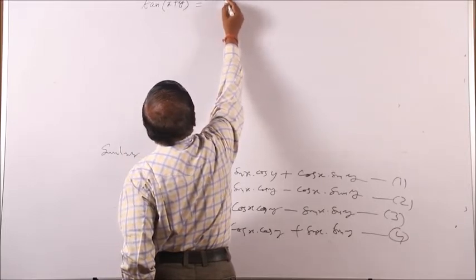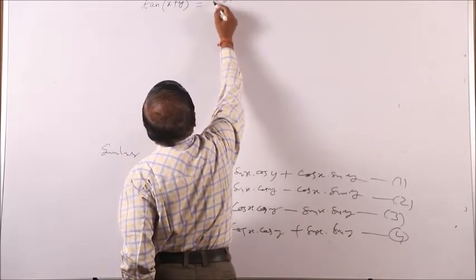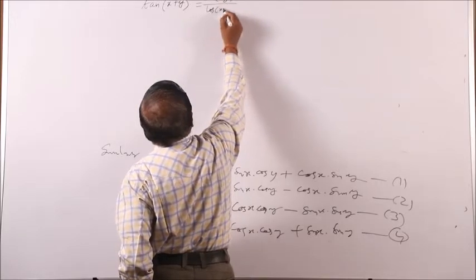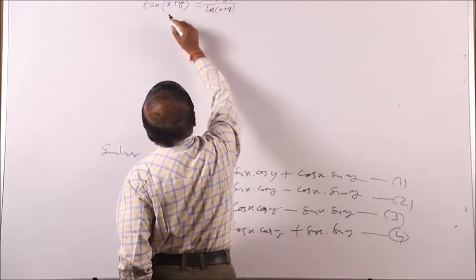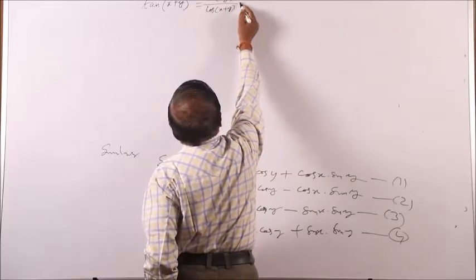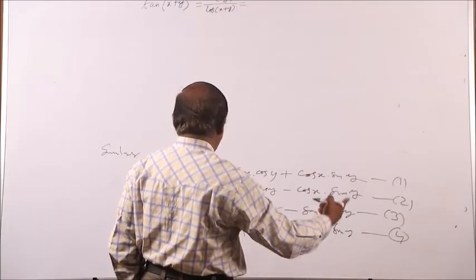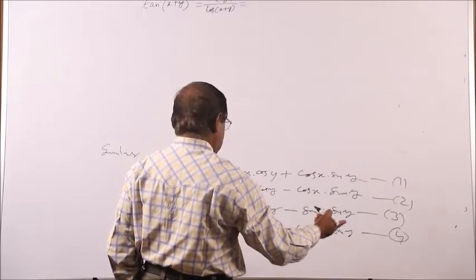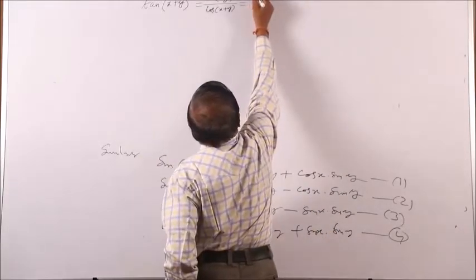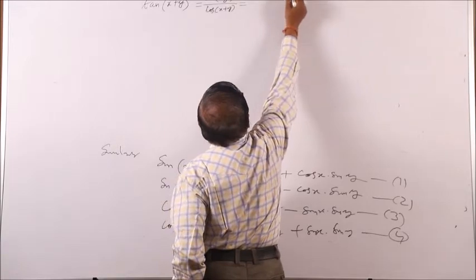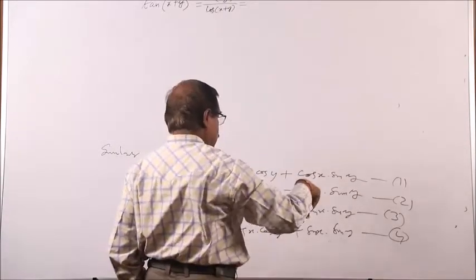This is sin by cos, as per our first formula, tan is sin by cos. So, using 1 and 3, what will you get?